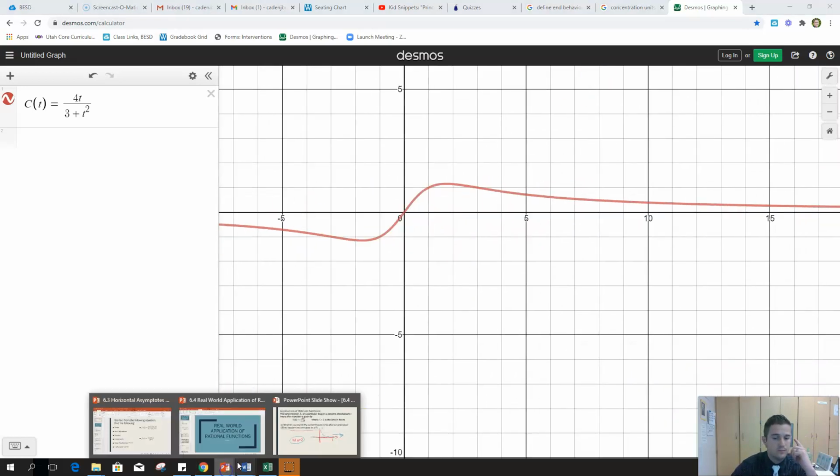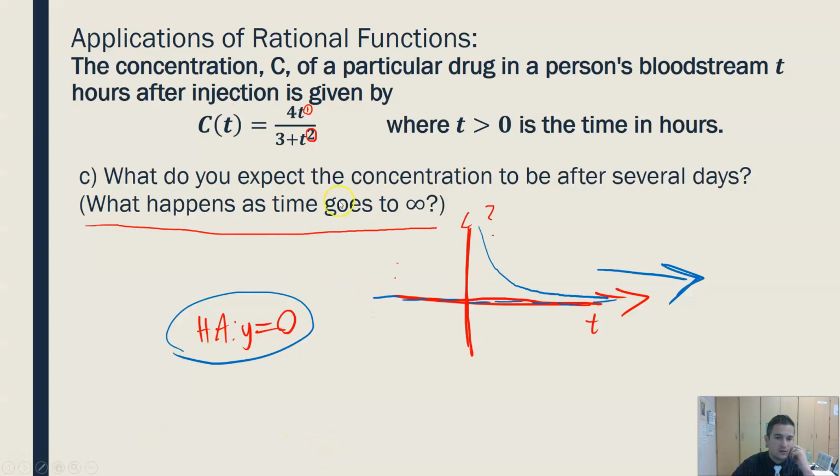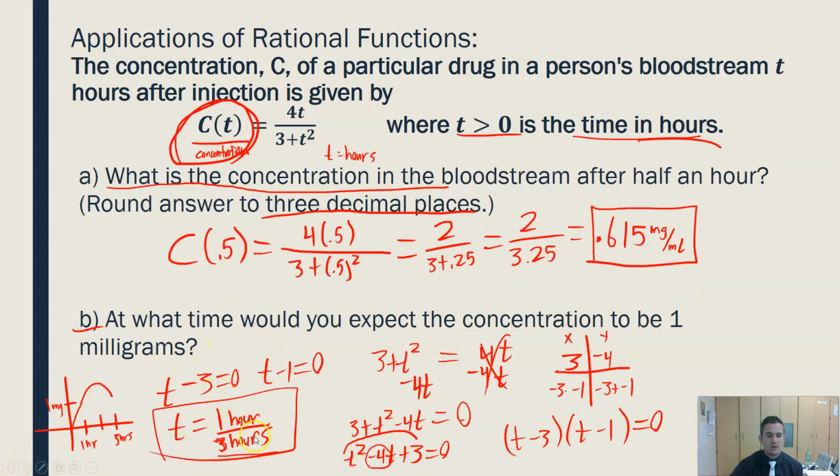So, coming back in here, what do I expect the concentration to be after several days? What happens as time goes on? As time goes on, the concentration in the blood is going to get really close to 0, which is hopefully what we want. I don't want that drug to be in my bloodstream forever. I want it to eventually basically go away. And I also confirmed this right here.